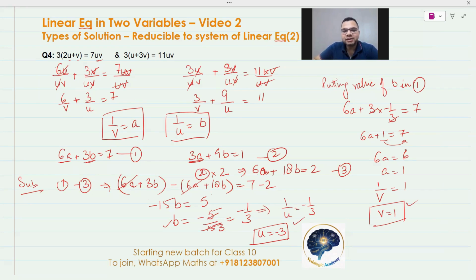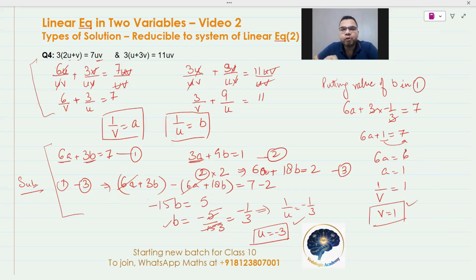In these kinds of questions, the calculation that we have done in this part, as well as in this part, is important. The answers, like minus 3 and 1, can be simple here, but the method is most important.